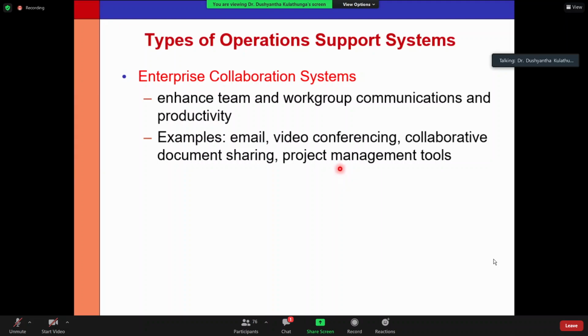Yes, correct. There can be different others, maybe you may be utilizing Workplace by Facebook or Yammer, something like that. Different enterprise systems are utilized within certain organizations. So they can also be classified under enterprise collaboration systems.